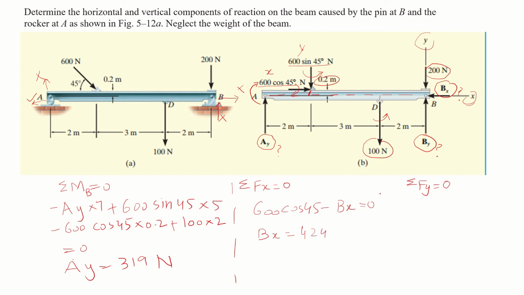Then we will apply the third equilibrium condition on this beam, and we will sum up the forces in the y direction. So first one is Ay minus 600 sine 45 minus 100, and then minus 200.